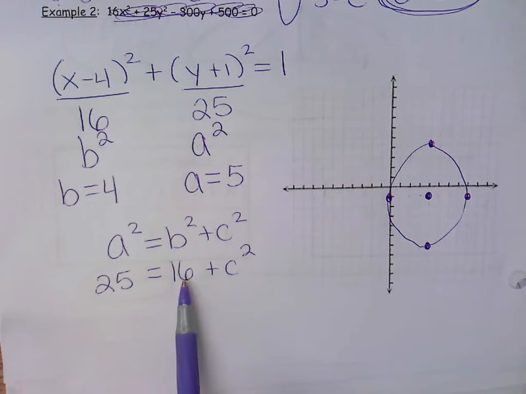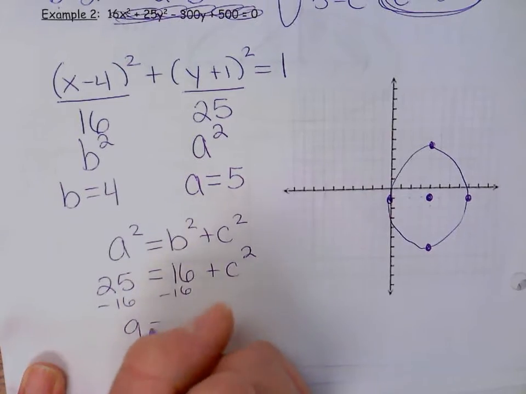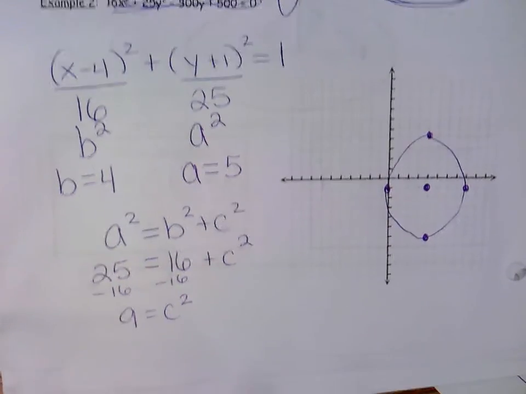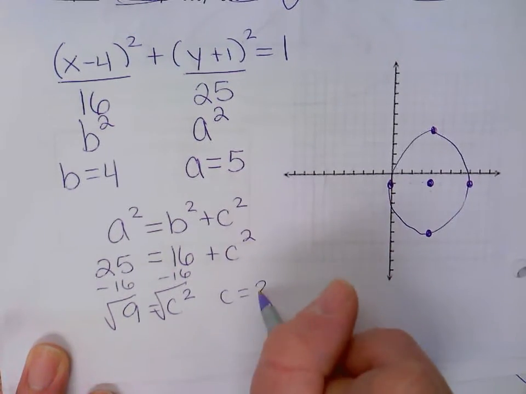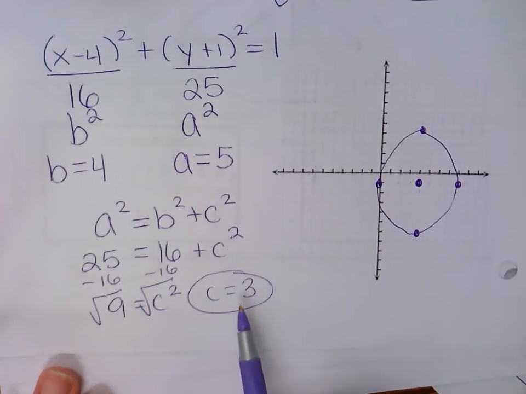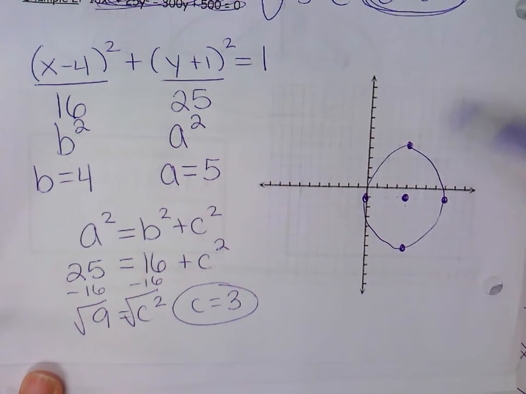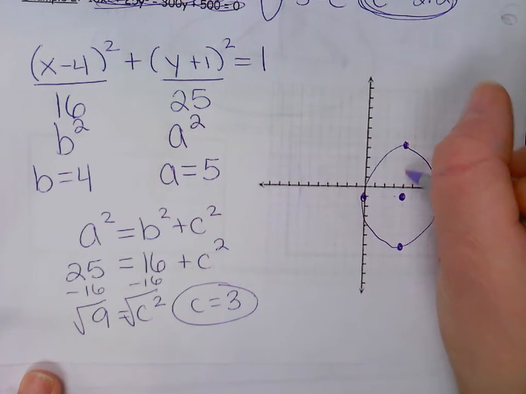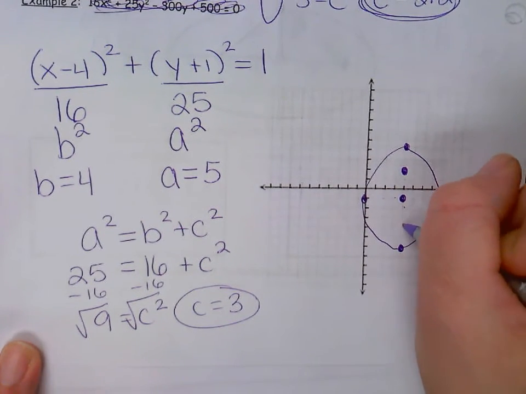So subtract 16 to the other side would give you 9, and then take the square root to get c by itself. So c is 3 units away from your center on the major axis. In the vertical direction, you're going to walk 1, 2, 3 units from the center and plot your foci.